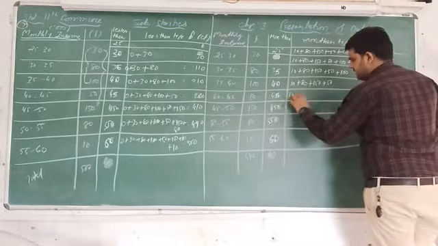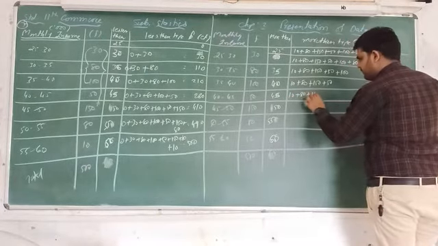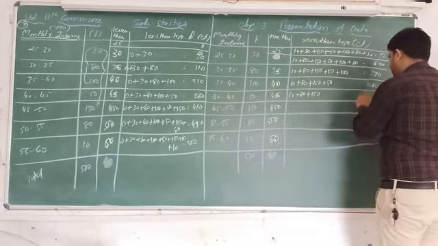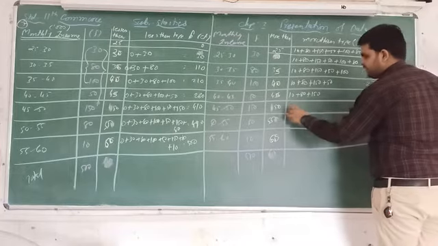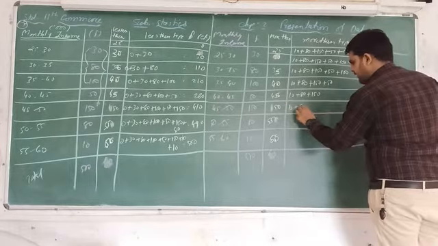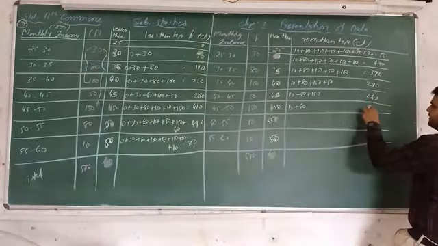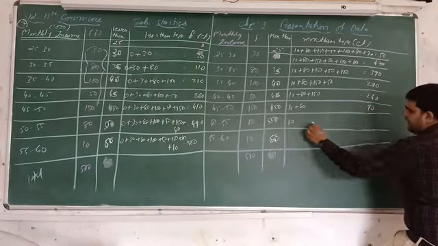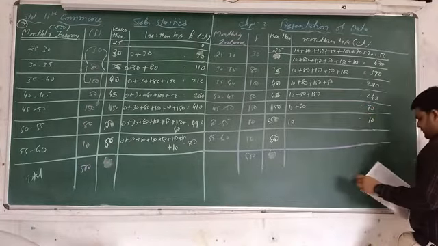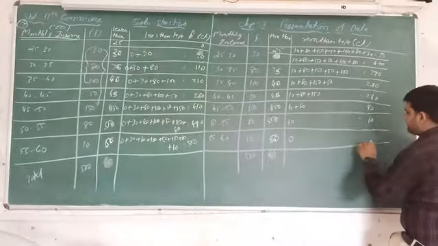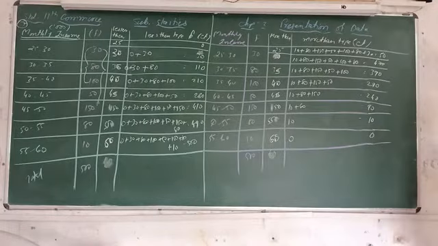Same as 10, 80, 150 gives 240. Here 10, 80, the answer is 90. Here 10, and in the last it is 0. So this is your answer.